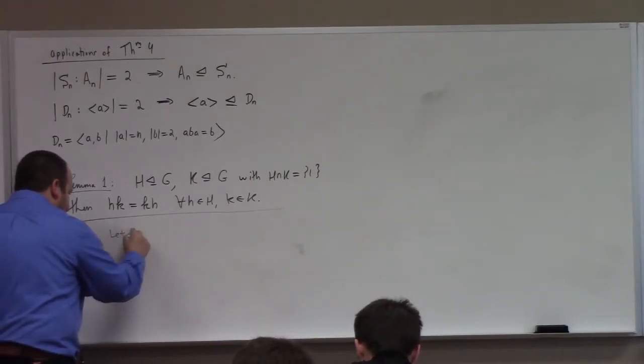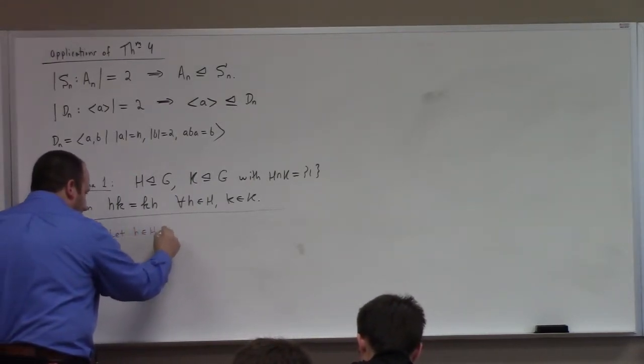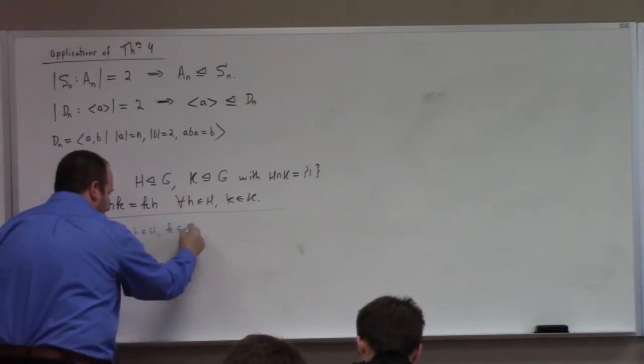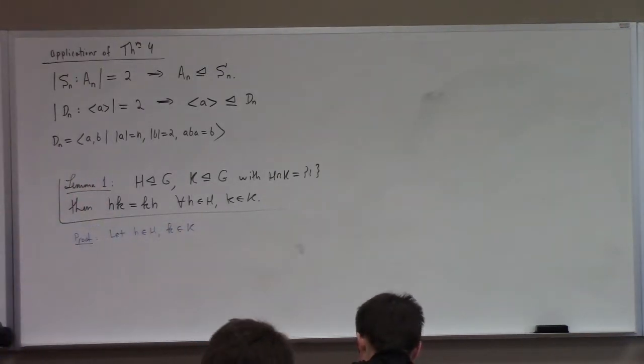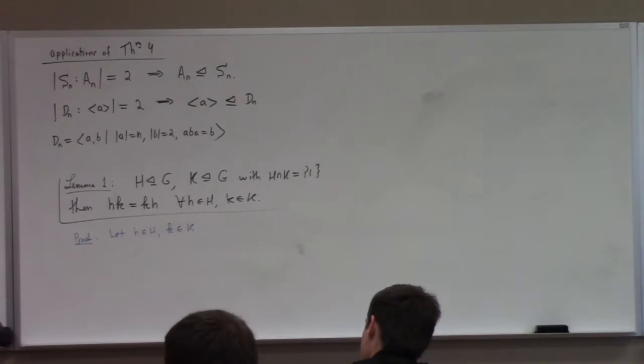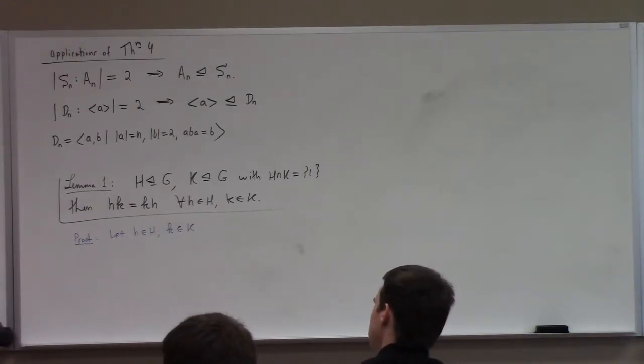Let h be in H and k be in K. By the way, this is something the book doesn't say in this section. Throughout this whole arc of the section, he keeps saying let h, k, and so on, be in such and such. He never comes out and tells you that h must be in H and k must be in K. But this is a convention we're going to insist on for the rest of this lecture, and you should understand it in the book.